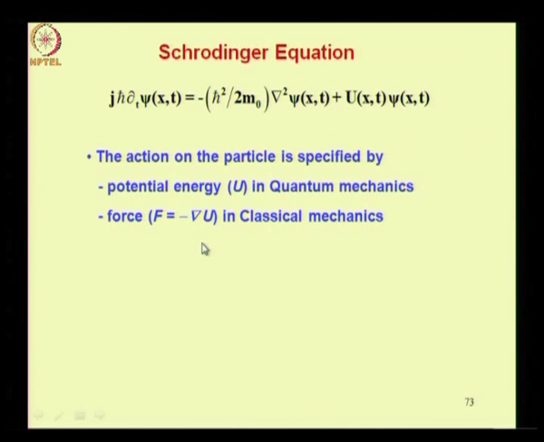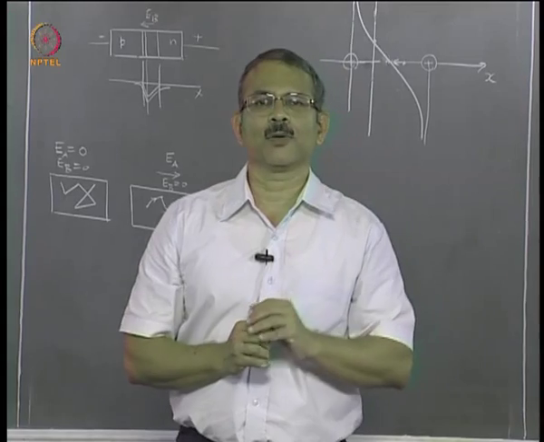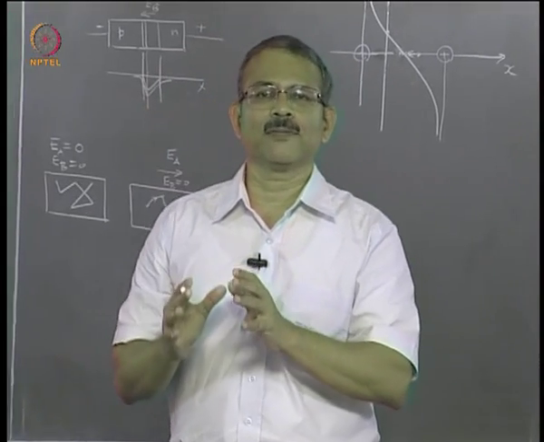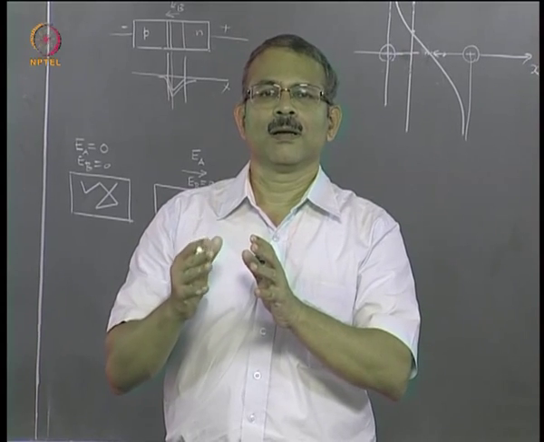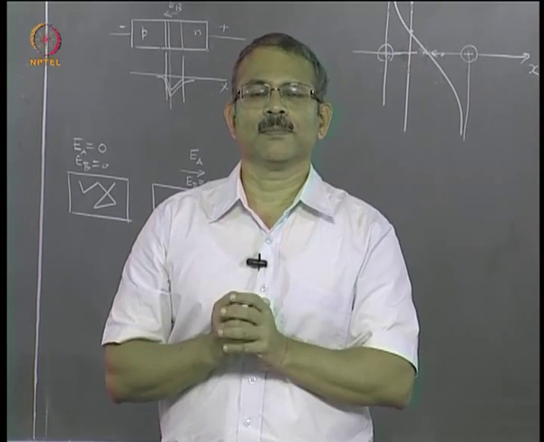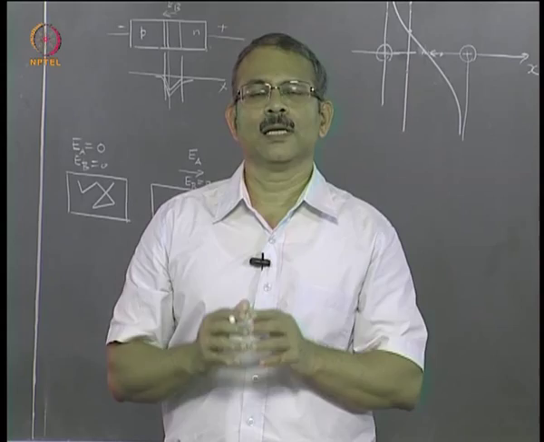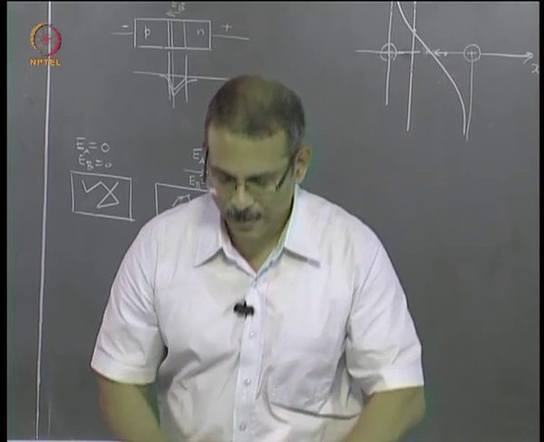That is a very interesting and important point, that in quantum mechanics we always talk in terms of the potential energy, that tells the action on a system, whereas in classical mechanics we always talk in terms of the force.